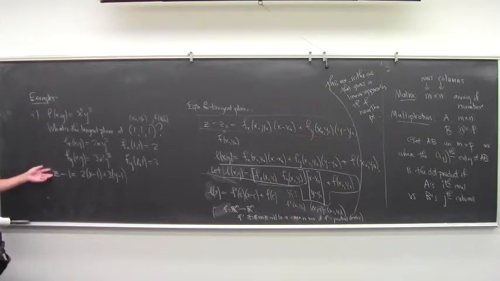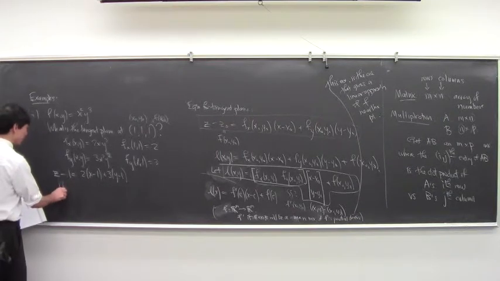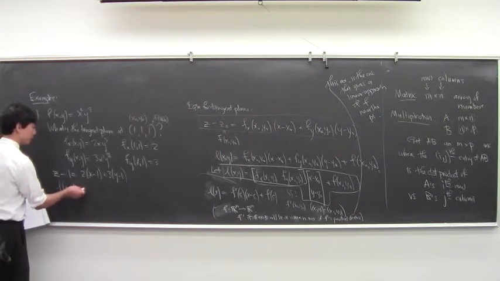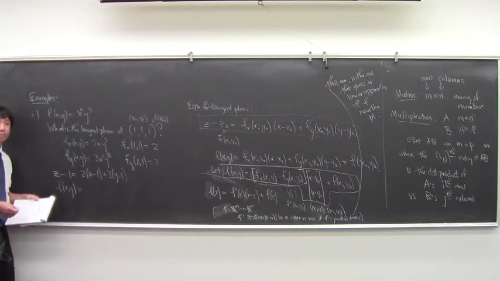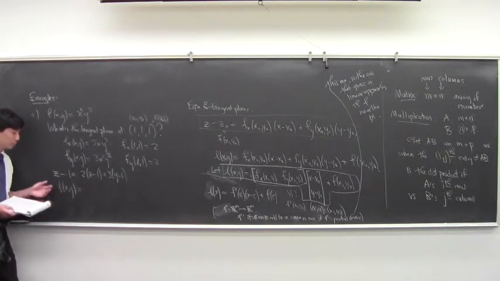Okay, so this is the tangent plane. And what's the linearization? If I asked you to write down the linearization, what would you need to do? Don't you just move the 1 to the other side?